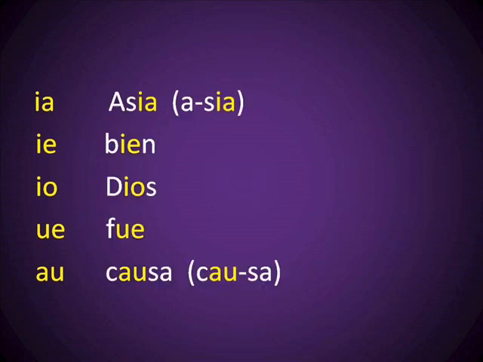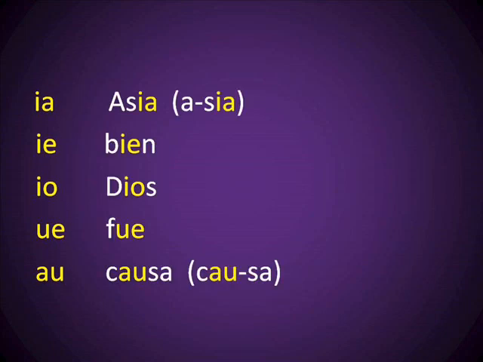If some vowels are together, these still retain their own sound. For example, these combinations sound ya, ye, yo, we, au. Let's see these vowels in some words.